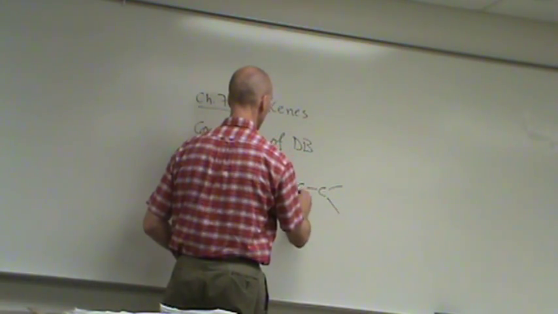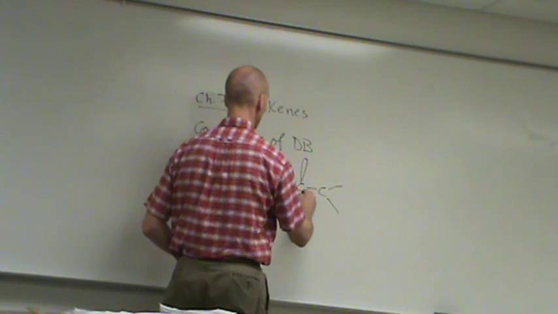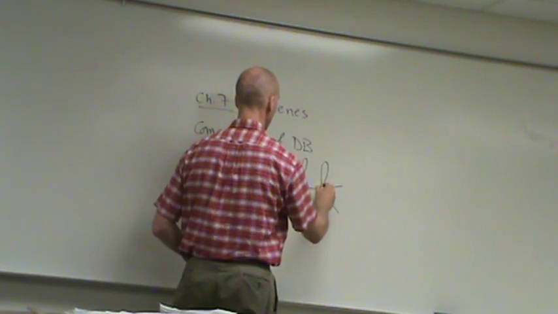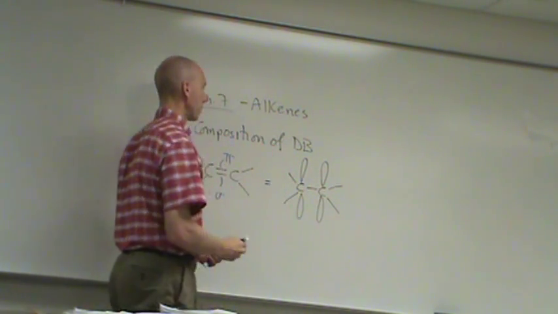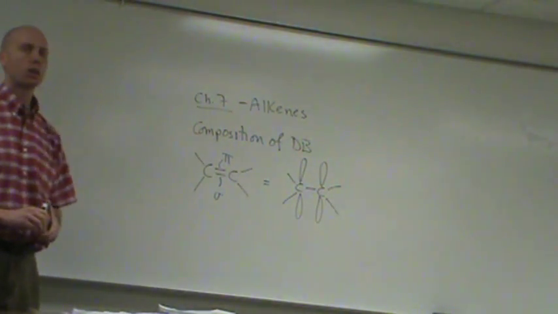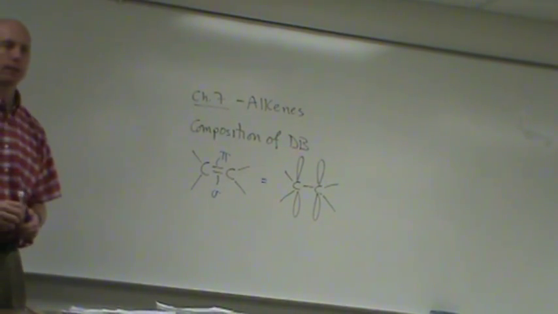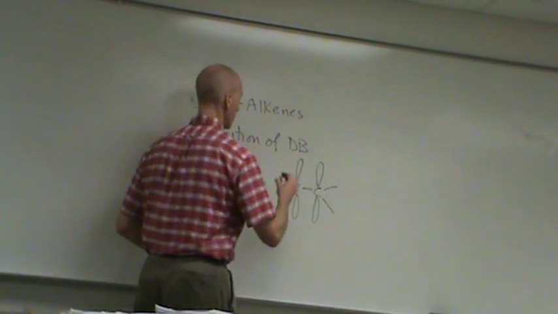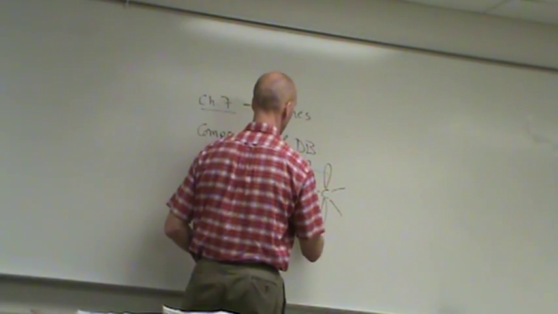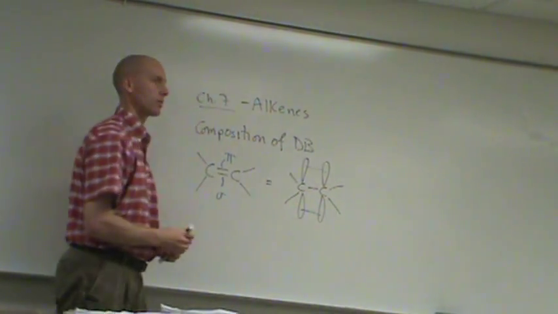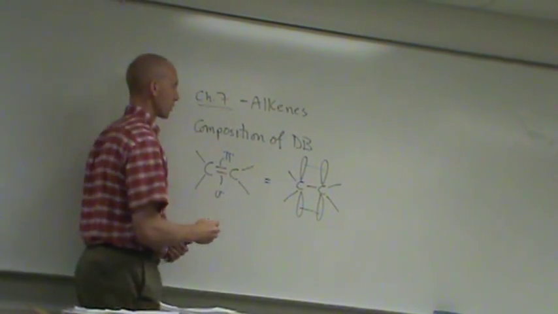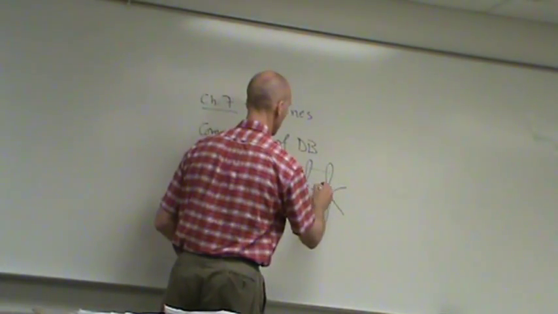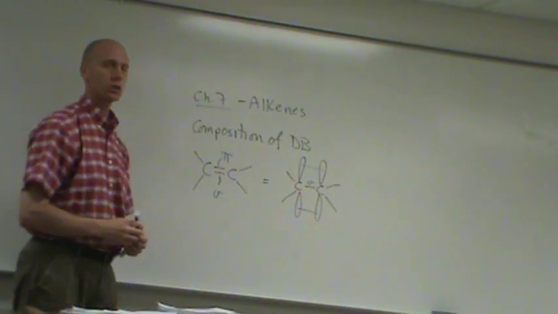Remember the pi bond is made up of two p orbitals overlapping side by side. You've got the top half overlapping and the bottom half. So this middle bond here is the sigma bond.